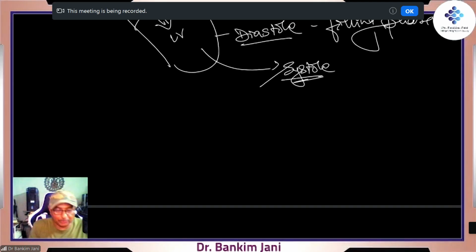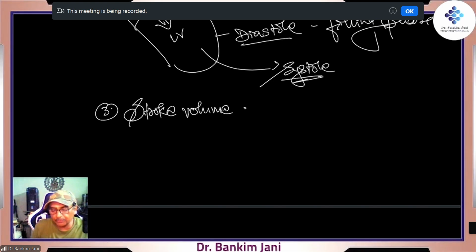Now we create a third parameter, which we have already talked about, but now it will make much more sense: the stroke volume. Forget systole, diastole. This tells how much blood the heart is pushing out of the ventricle, how much blood is getting pushed into the aorta, because that is the blood which will be circulating into the entire body.